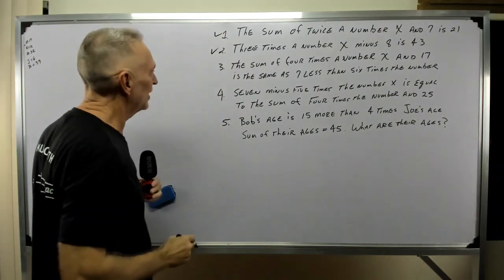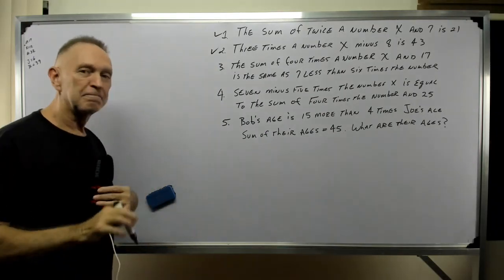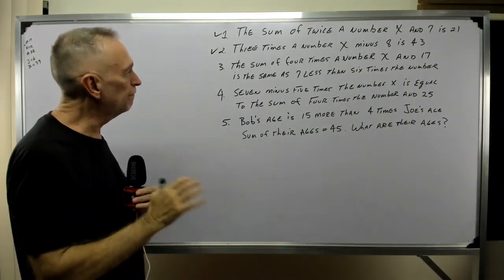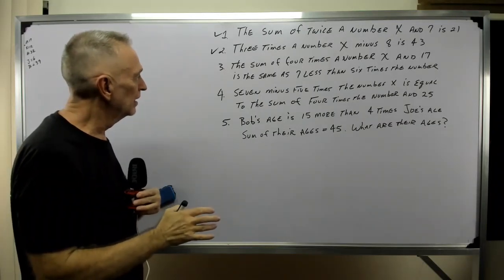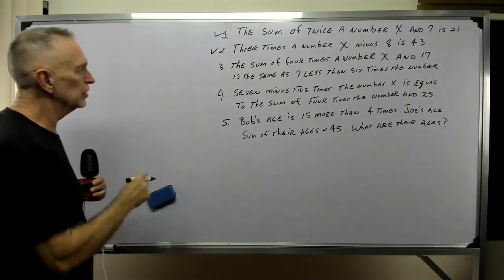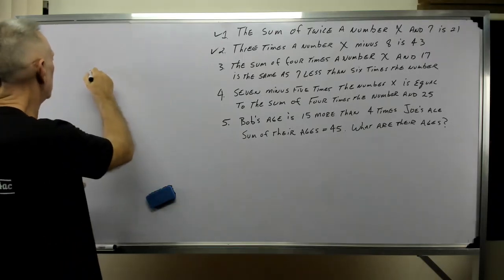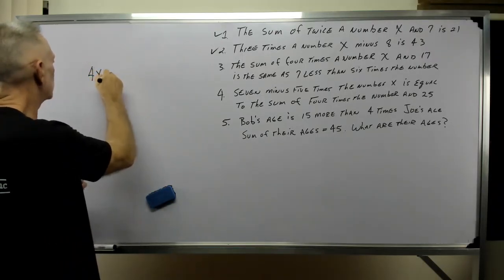Okay, that's 2 down. Number 3, the sum of 4 times a number x and 17.